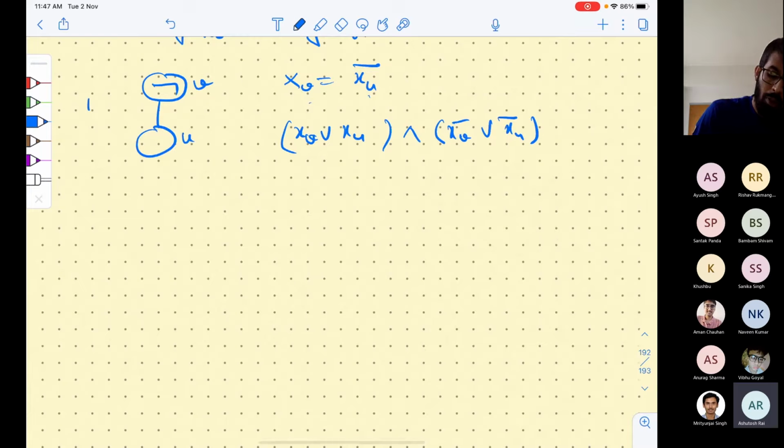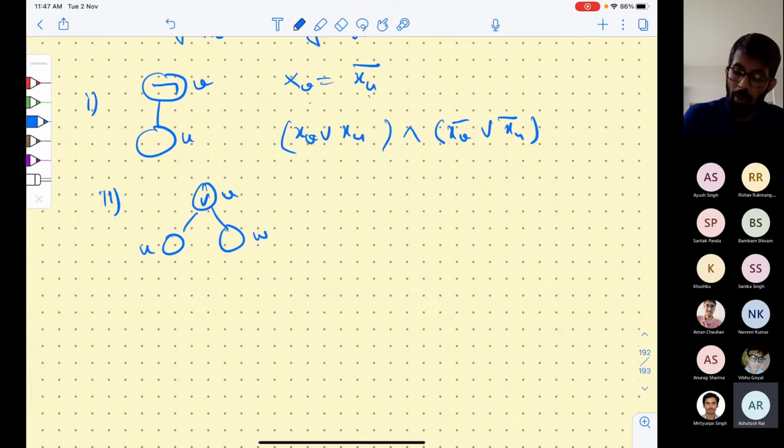Similarly, second is if you have just the OR of two things, U and W. So basically what we want is xv is equal to xu or xw, right?